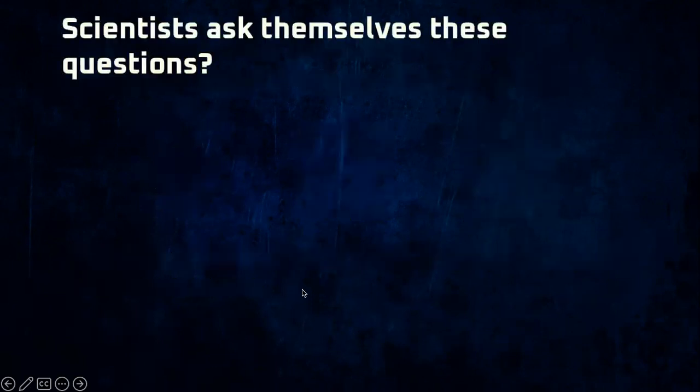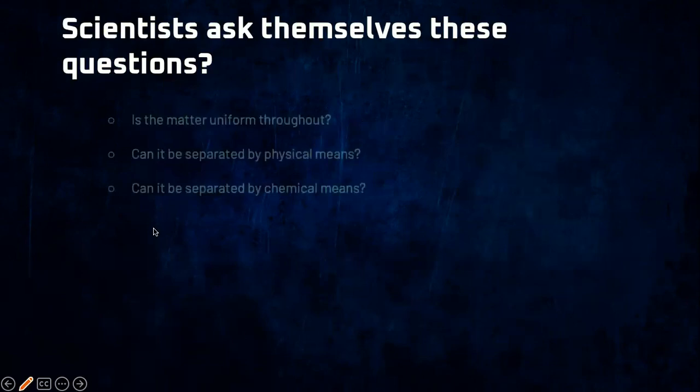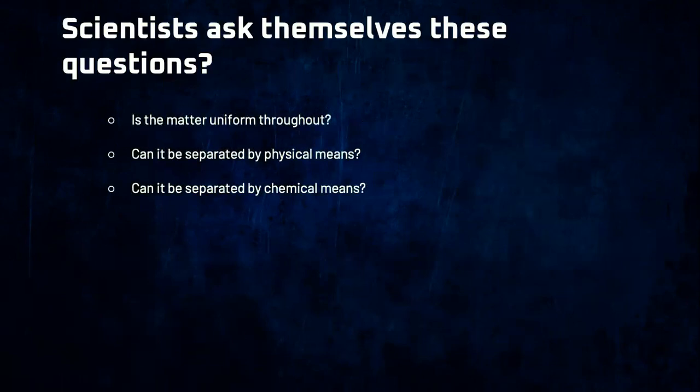When scientists want to classify matter, they ask: is the matter uniform throughout? Are they the same throughout? Can it be separated by physical means or by chemical means?